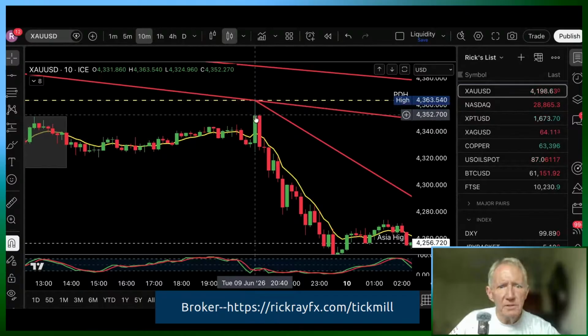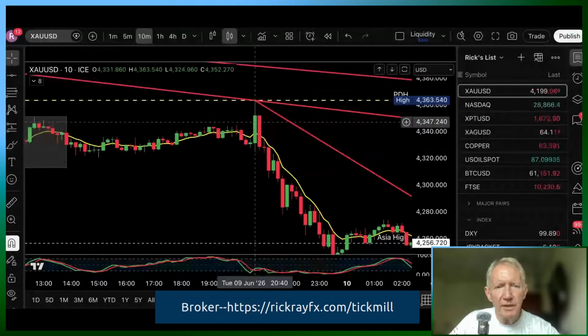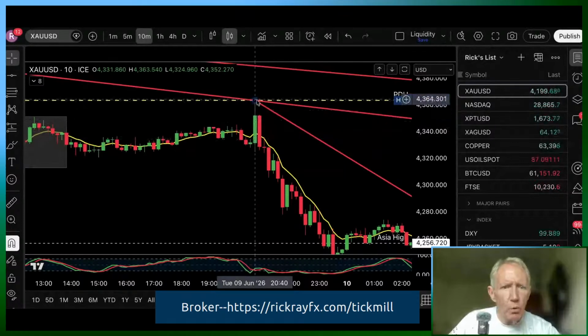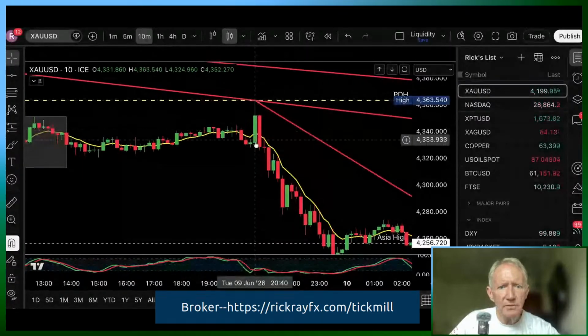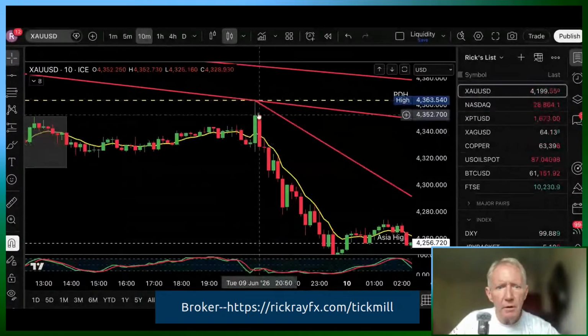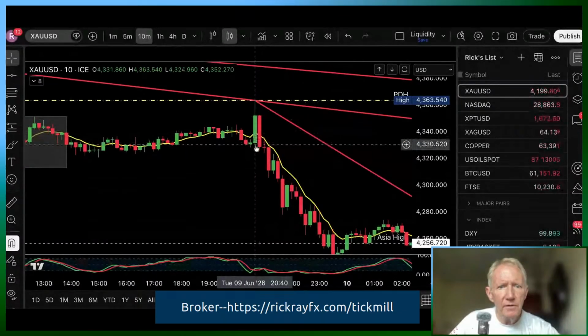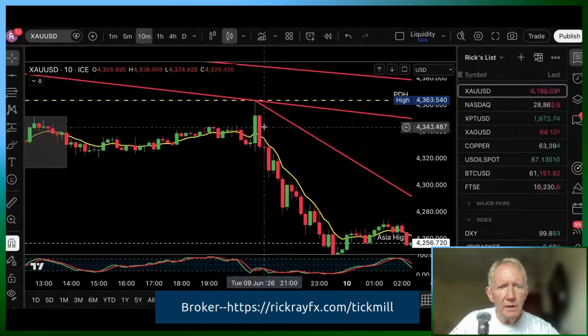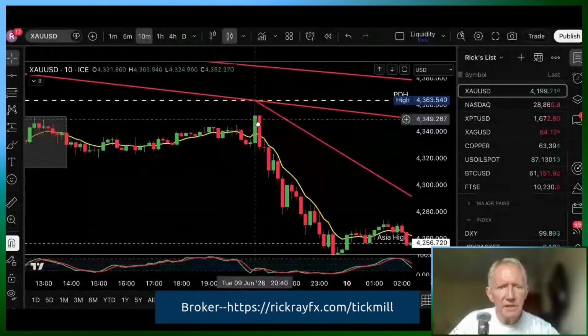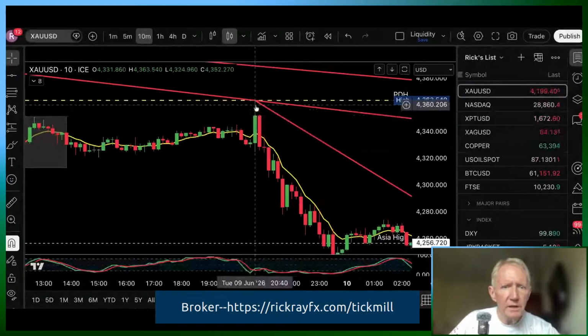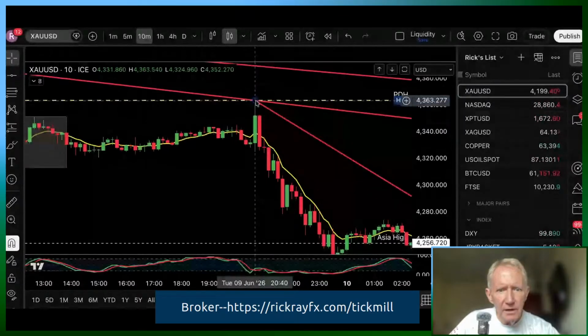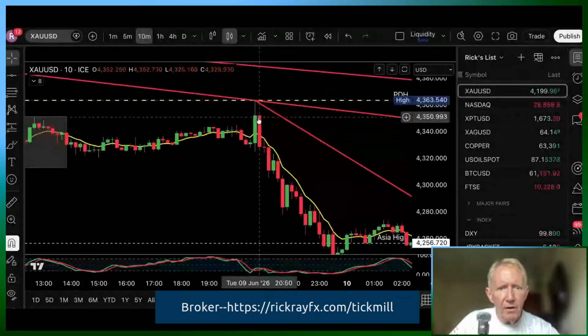And everybody's asking me in Telegram, did Trump tweet something? Why is gold going boom like that in 10 minutes? It went from 43.30 to 43.64, a $35 move in 10 minutes, 350 pips. Well, the previous day high was right in here. This was a classic liquidity grab. They went up, and then you get that wick, and then the real move started.